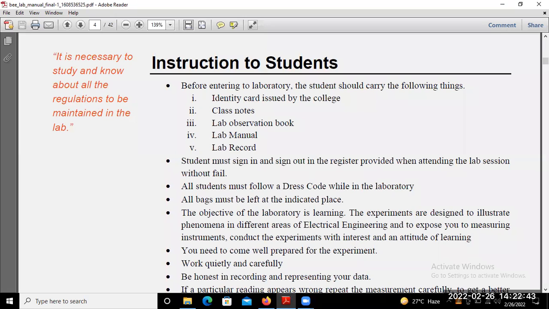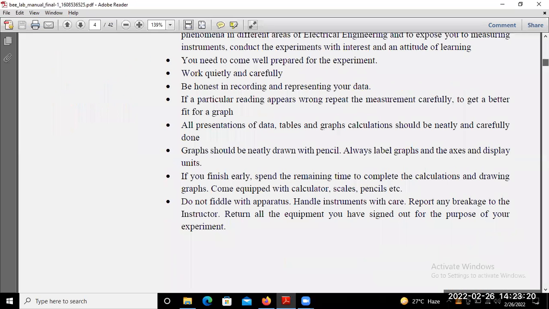Without the theory, you are not able to perform that experiment when scheduled in the laboratory. So prepare theoretically and practice some numerical problems at home, and then you will be able to perform the experiment and observe its objective. These are the basic instructions about the laboratory.